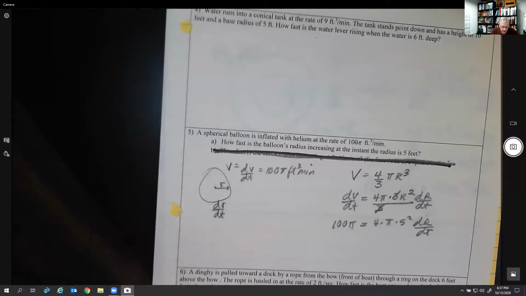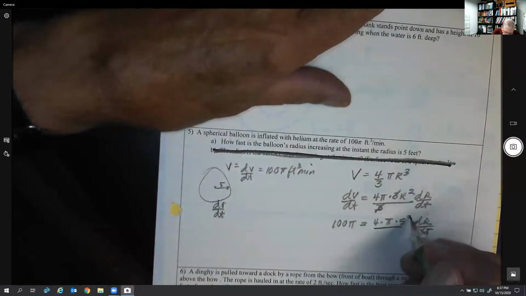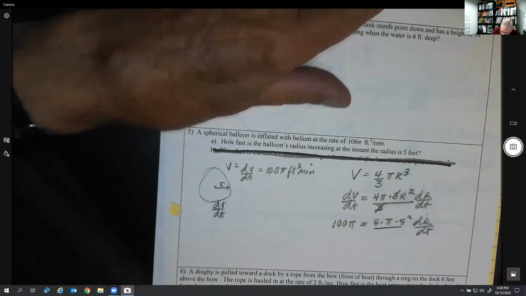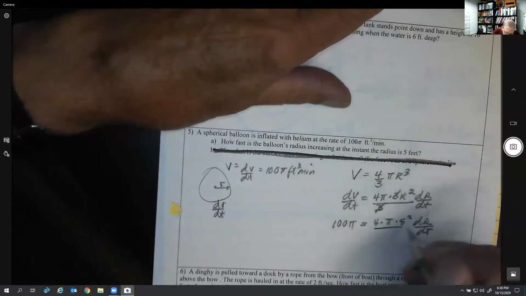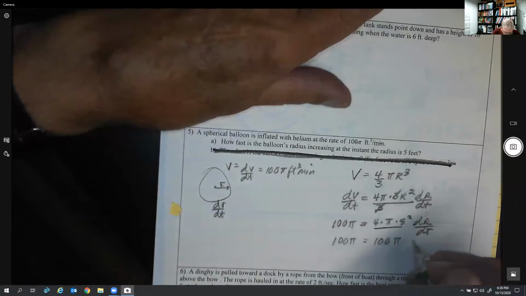So it looks like we have a nice little equation here. We can multiply this out. This is 25 times 4, that'd be 100, wouldn't it? So we have, let's just write it this way, 100 pi equals 100 pi dr dt. Kind of weird, huh?